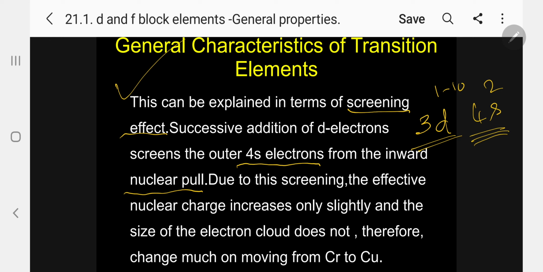But this is protected by the 3d electrons. Due to this screening, the effective nuclear charge increases only slightly, and the size of the electronic cloud does not therefore change much on moving from chromium to copper.